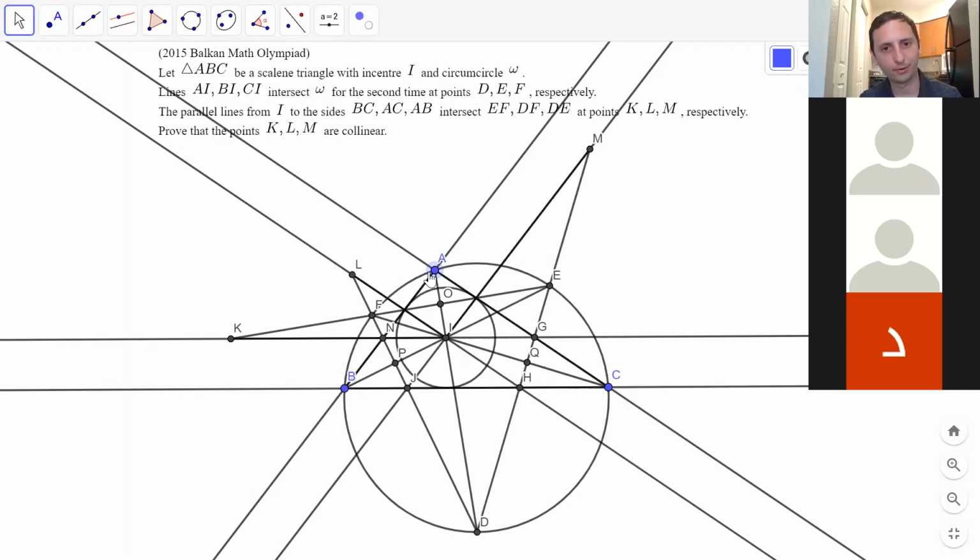It feels very familiar. Like you have the three tangents to the circle. So is there something special about the line?